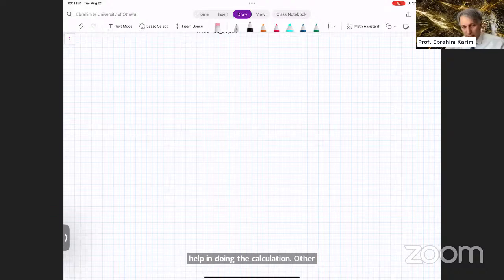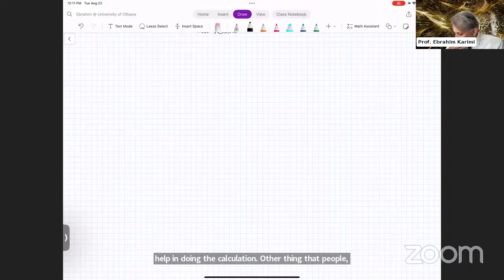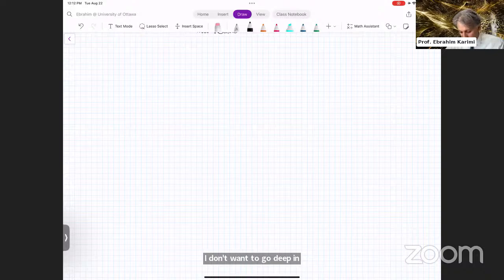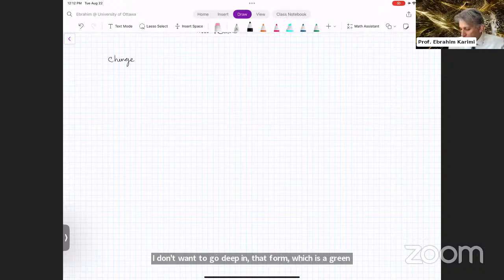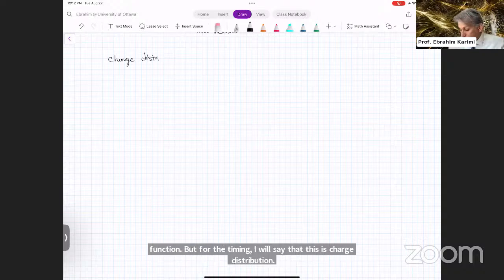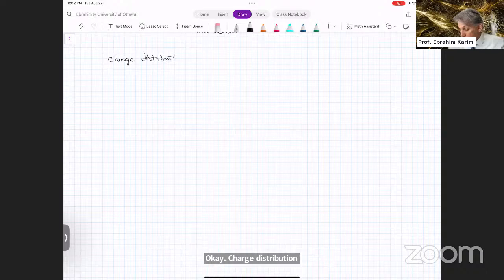The other thing that people care about, and I don't want to go deep into that form, which is the Green function, but for the time being, I will say is a charge distribution. Okay, charge distribution. And when I say charge, I mean electric charge distribution.